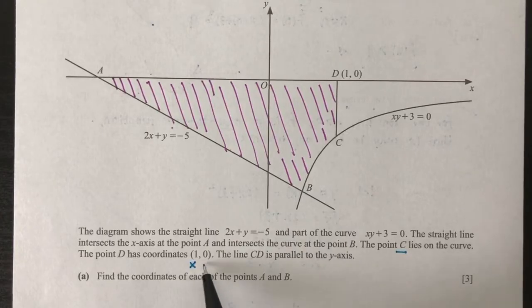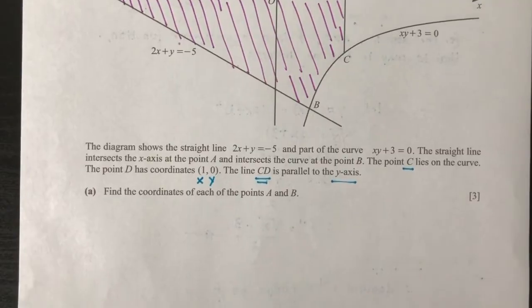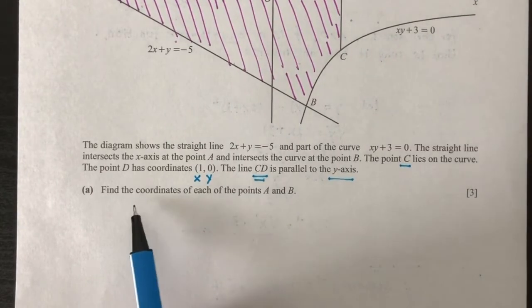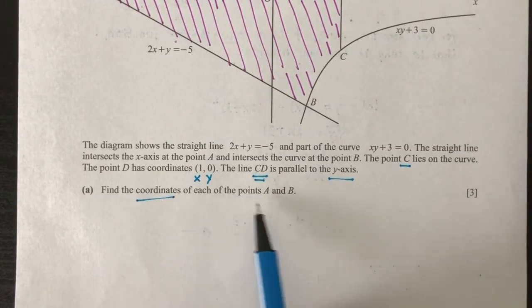One is the x coordinate. The line CD is parallel to the y-axis, which means it is vertically above D. This is what it means. Okay, no big deal.